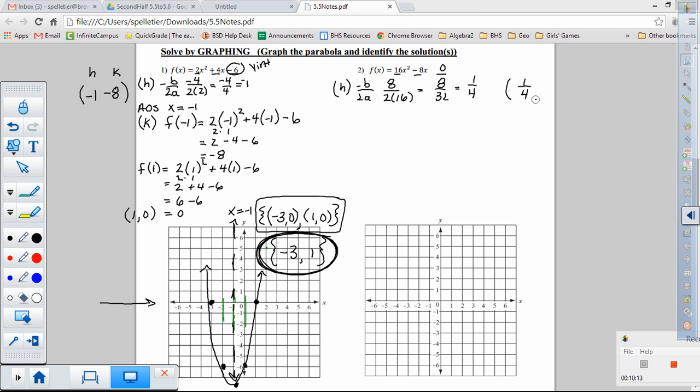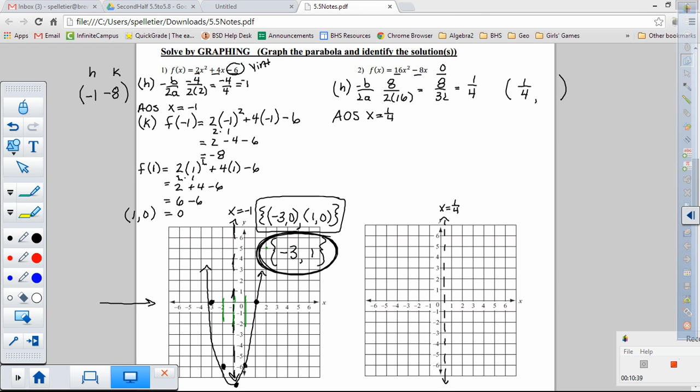We're going to go over 1/4, and we're going to figure out what the y value is. So this is a yucky one. Our axis of symmetry, I should say, is x equals 1/4. So I have to figure out about 1/4 of a box and draw my axis of symmetry in there. So kind of yucky. X equals 1/4.